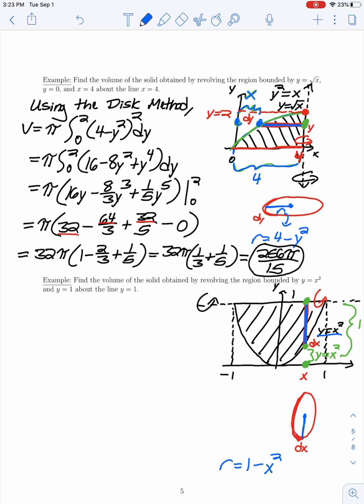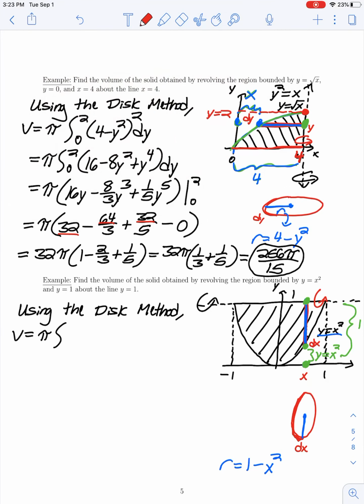So, using the disk method, our volume of this solid of revolution is found by taking pi times the integral over our x interval.